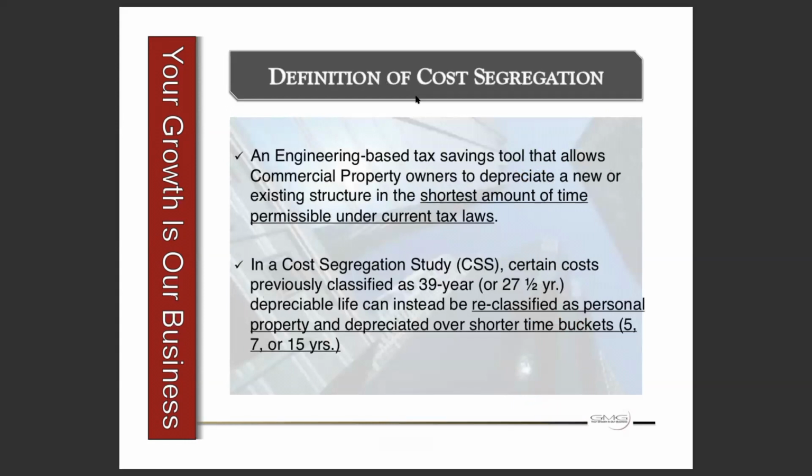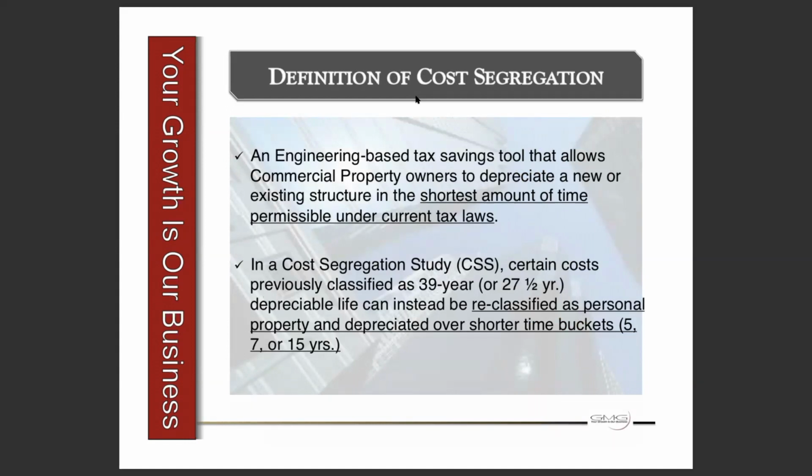So basically, what is cost segregation? What we do is we take the building that you have bought, constructed, renovated. It can be a leased building that you did, leasehold improvements, whatever the case may be.